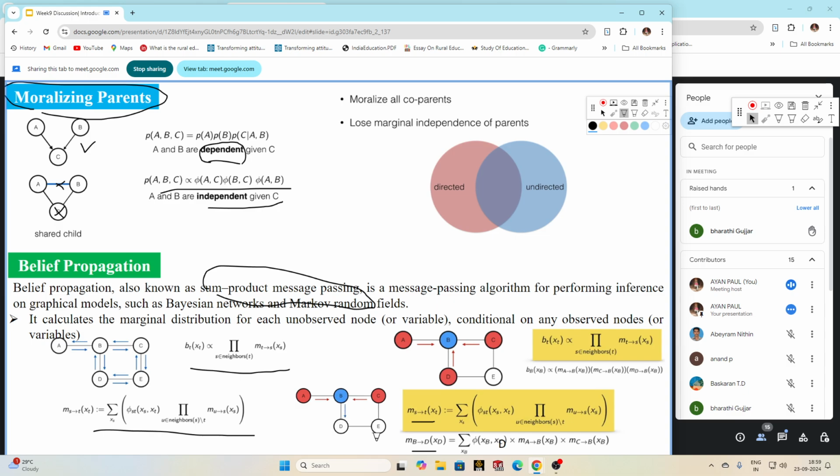So in this step we are not considering D. We are just taking the message from A to B xb and the message from C to B xb.